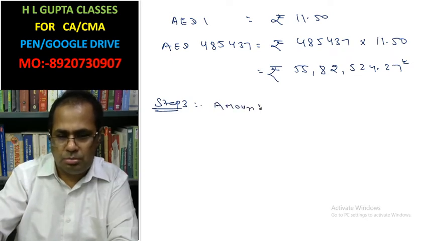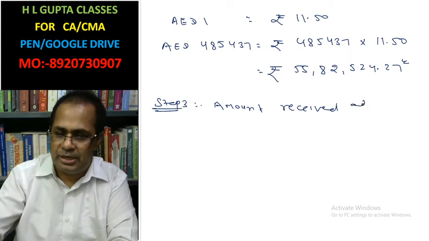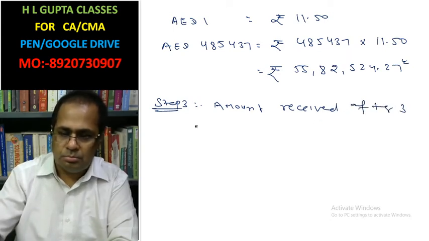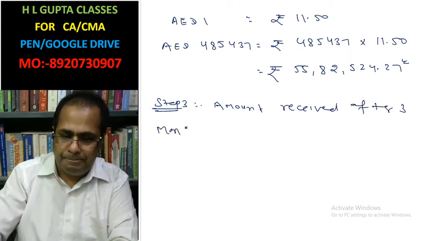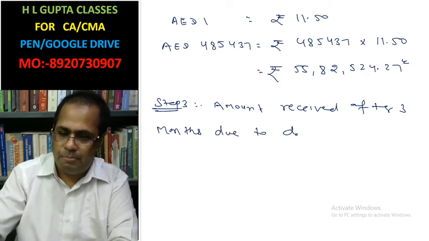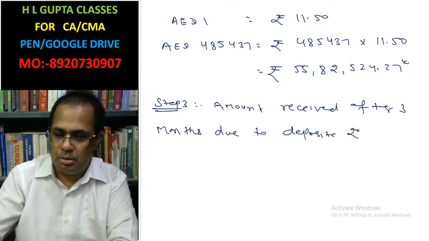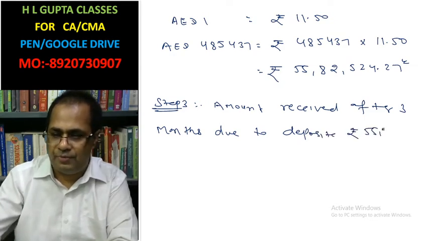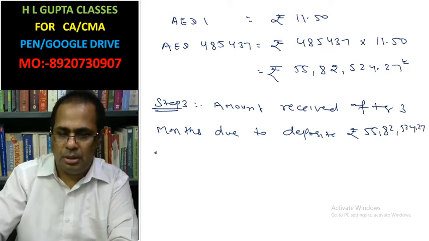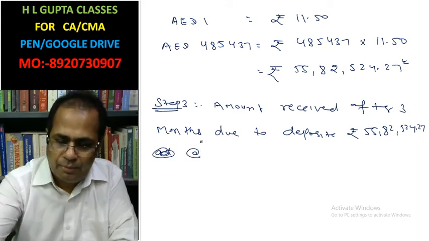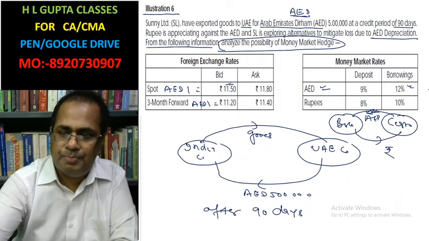Amount received after 3 months due to deposit of rupees 55,82,524.27 at the rate of, what is the rate you have?